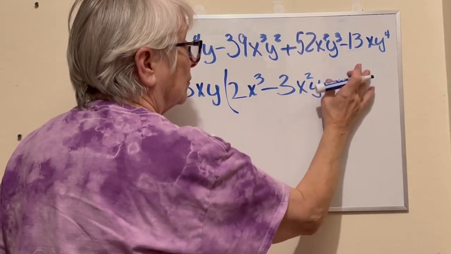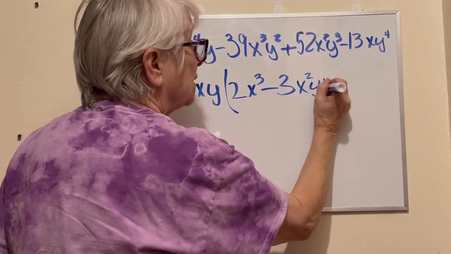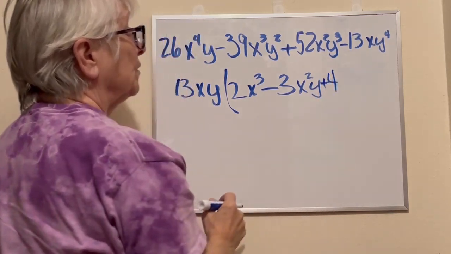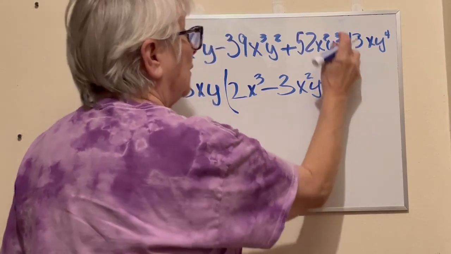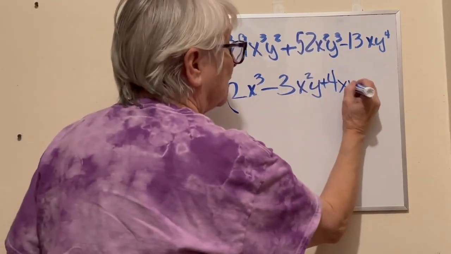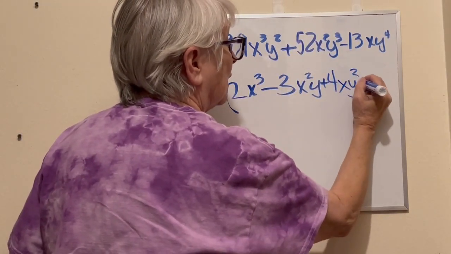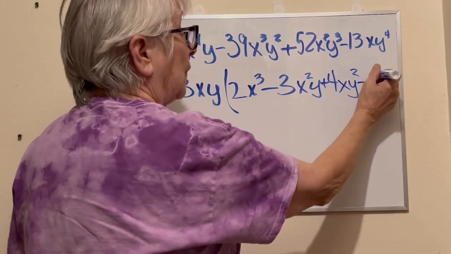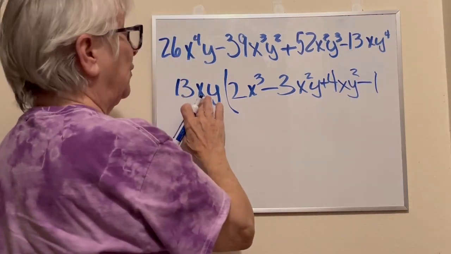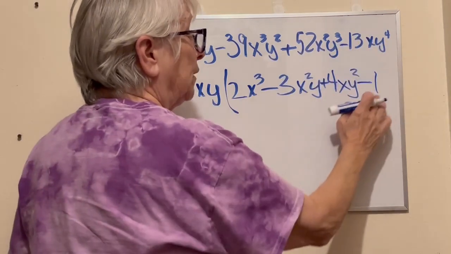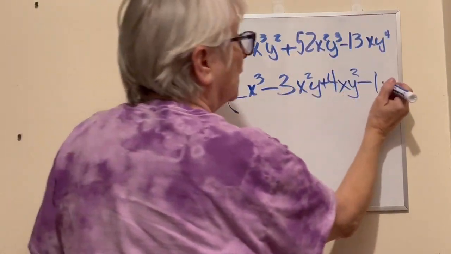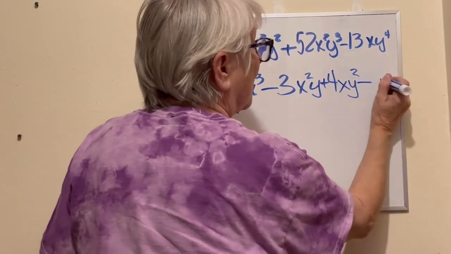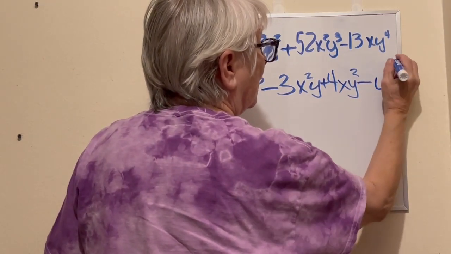Plus 4 times, I'm having to write small, 2 minus 1 is 1. 3 minus 1 is y squared. Minus 1, I'm going to write it and see if we need it. 1 minus 1, we've got 1x, don't need it. 4 minus 1, we don't need it because we've got a y3 down here.